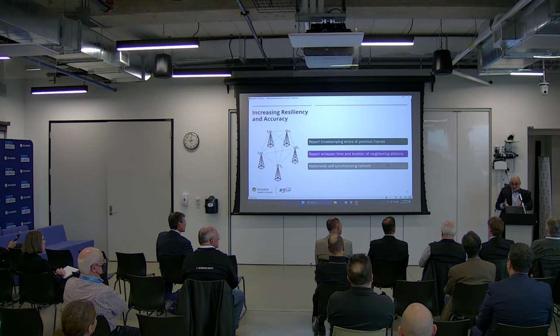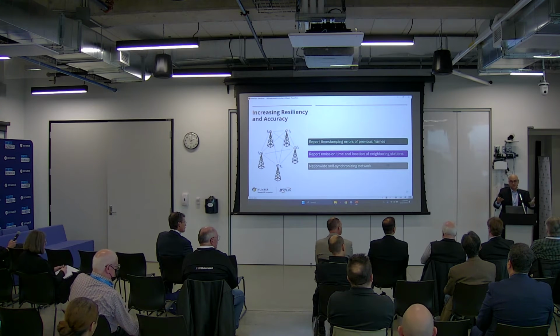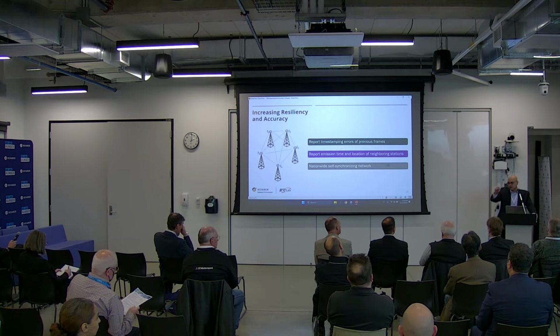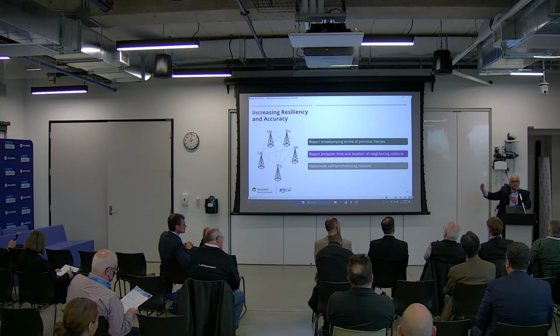ATSC 3.0 has a really big data pipe, so you could actually broadcast these messages for all the other towers' timing. This will actually help other towers, not only that one tower: I'm transmitting, and I'm also getting feedback that I could be off. So there is a way to synchronize each tower.